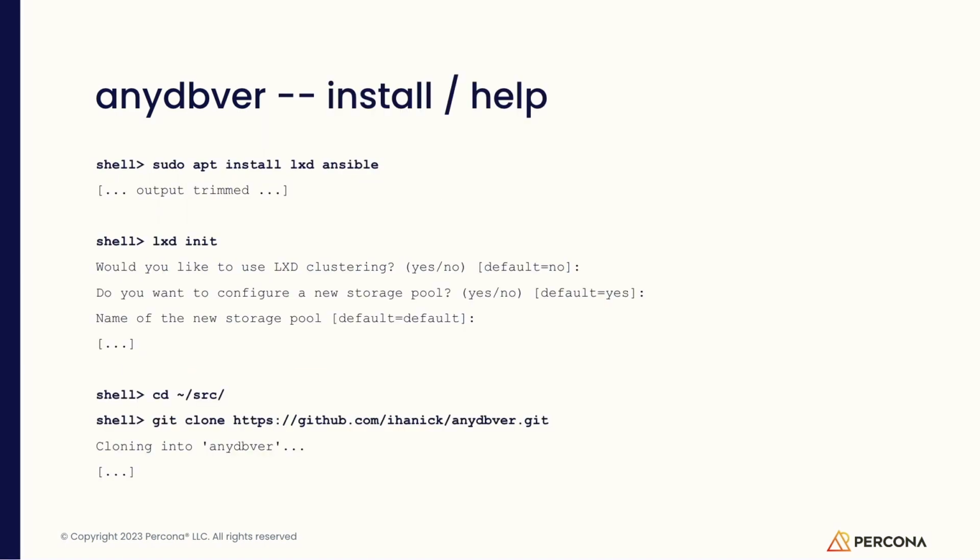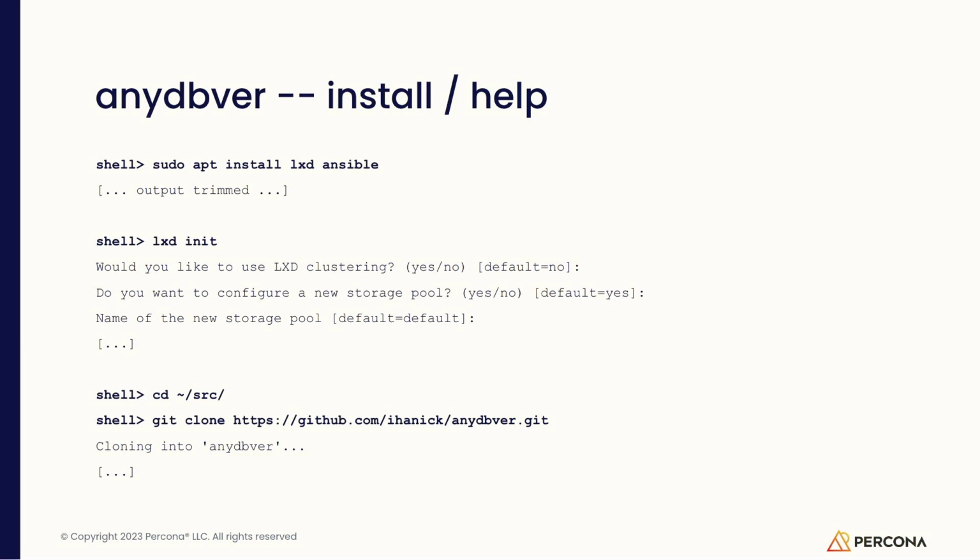So installation is really straightforward, although it may depend on the environment you're using. I remember having a discussion last year with a Percona Live attendee about installing it in Debian, I think it was, which was a bit complex. But anyways, it should be as easy as installing LXD and Ansible.